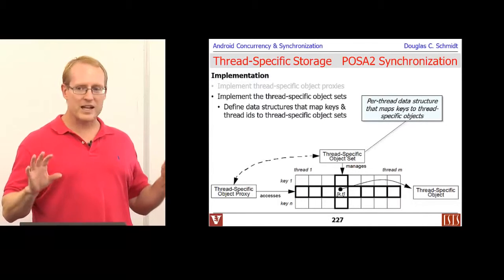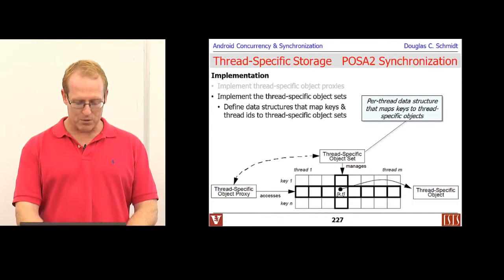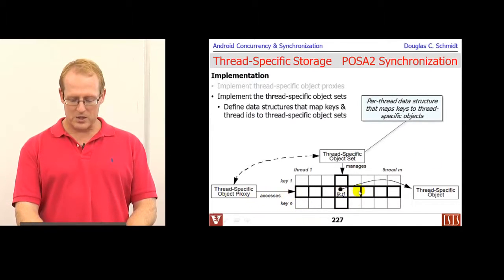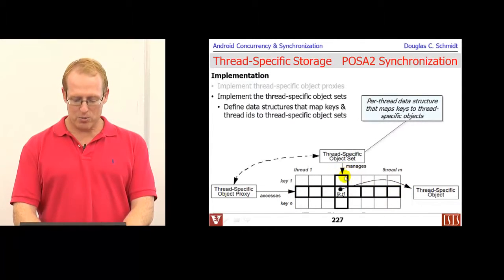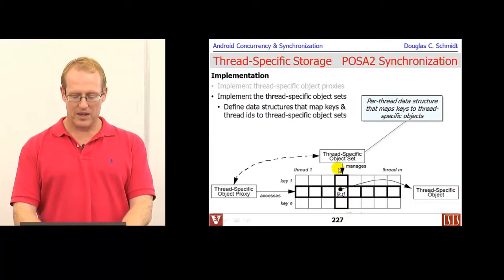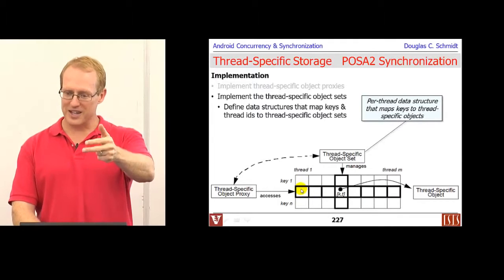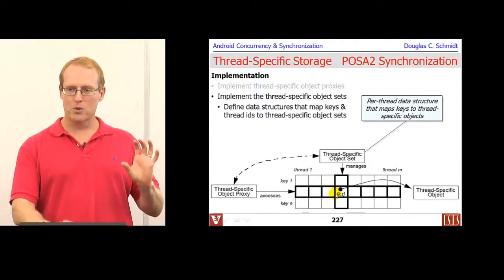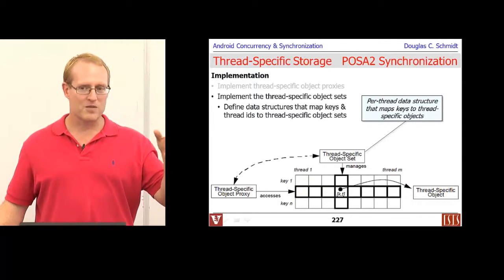So leaving aside implementation details, from a logical point of view, each thread-specific object proxy corresponds to a row in a two-dimensional table, and each thread corresponds to a column in this table. And when you have a particular object in a particular thread access a particular key, that tuple will get you to a pointer or reference to the thread-specific object.